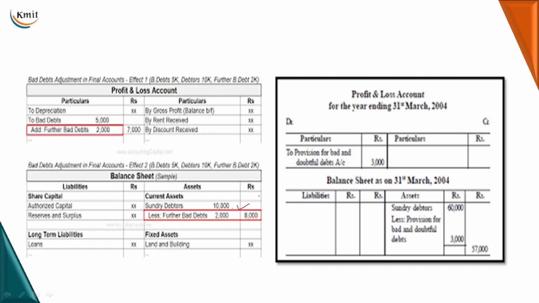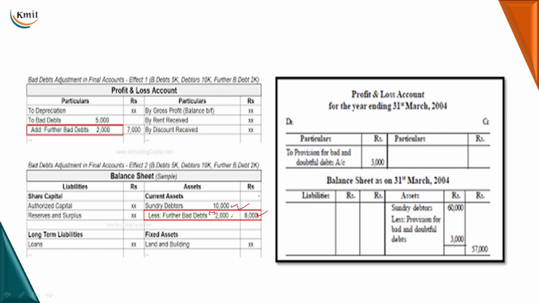So when you are asked to provide for bad debts of 2,000, that means you are supposed to receive 10,000 from the outsider. Now 2,000 is assumed to be bad debt, that is, there is no chance of recovering 2,000 rupees. So the possible amount of recovery will be 10,000 minus 2,000, that is 8,000 rupees. So that is how the adjustment will be made pertaining to bad debts.